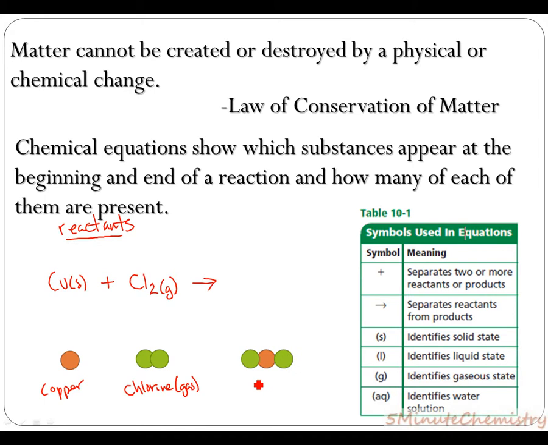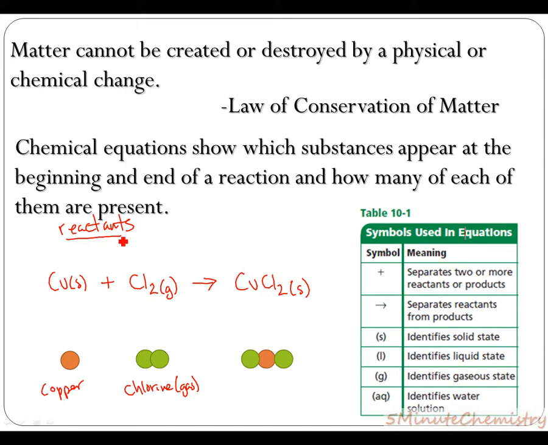They're going to change into this new compound. So this is going to be bound together, a single copper with two chlorines, and we write that symbol as CuCl2, and it is in a solid state. So copper and chlorine make copper(II) chloride, its technical name, but you won't be responsible for knowing that just yet.